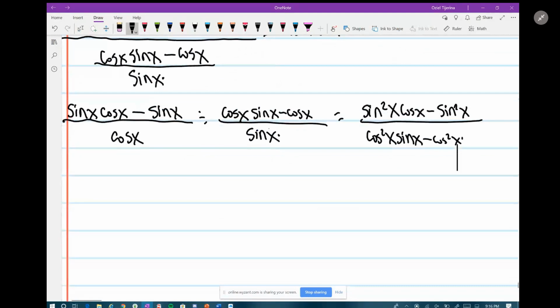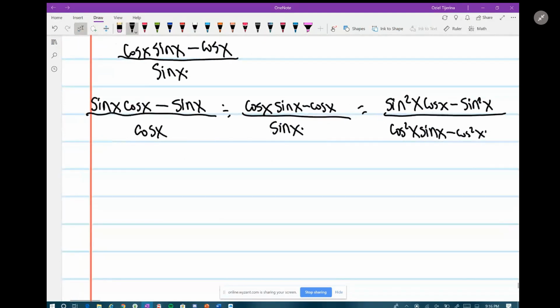So then you have something like this, and then you do the same thing as with a fraction: a over b divided by c over d is equal to a over b times d over c. So that's what this is basically saying. You keep this one the same, so you have sine of x cosine of x minus sine of x over cosine of x, and then you change this to a multiplication and flip this over.